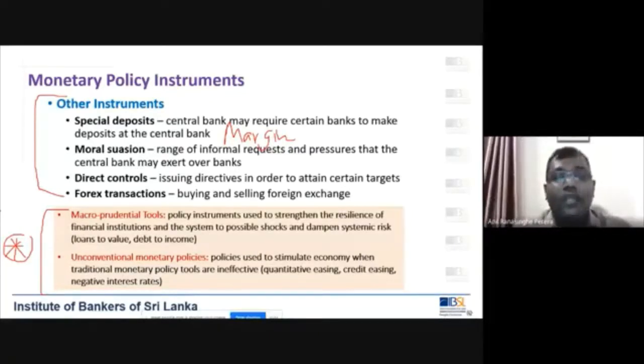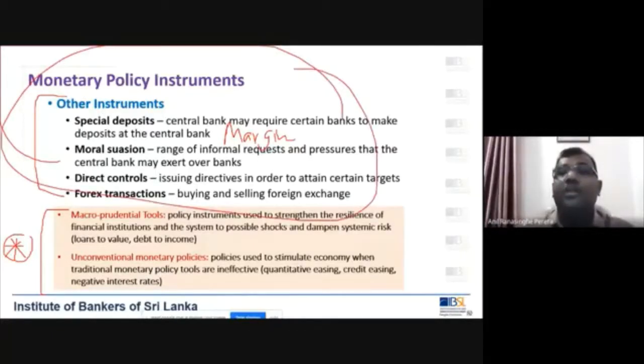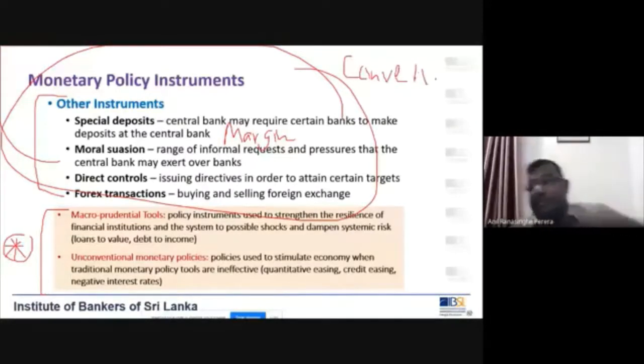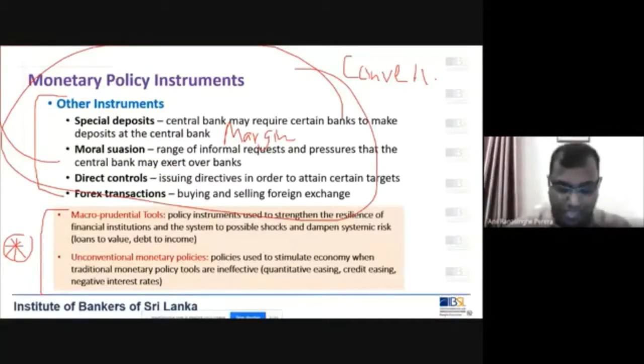Next one, unconventional monetary policy. Now all the monetary policy we have discussed in this area is conventional. Conventional means what we have, tradition. But there are some incidents, some periods, we can't use these traditional tools as they are.